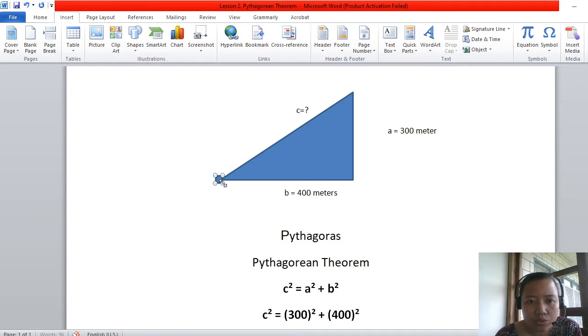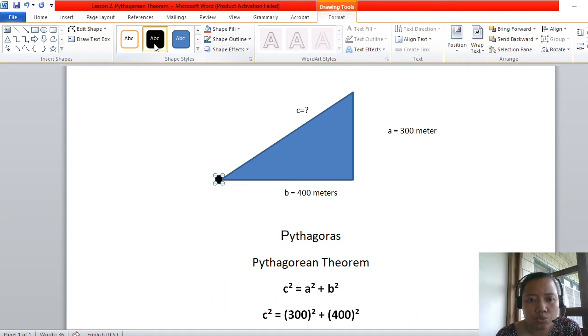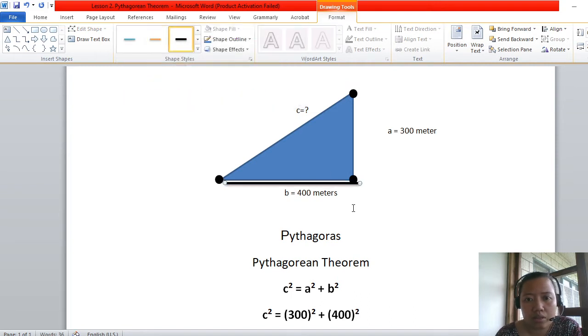Okay, for example, a certain person traveled from this point to this point, and then from this point to this point. So we have now the total distance. This one is the total distance.